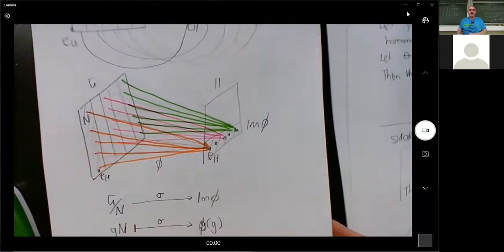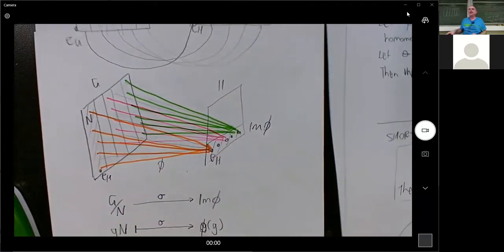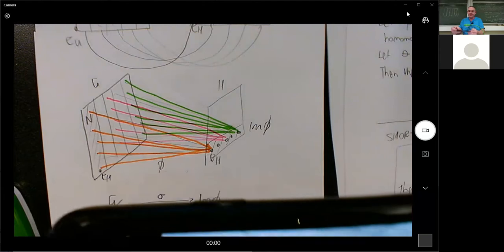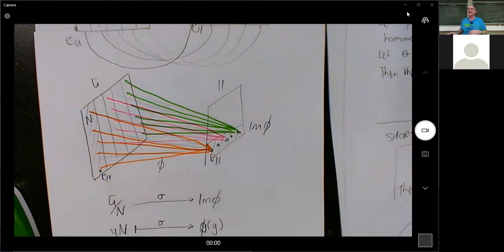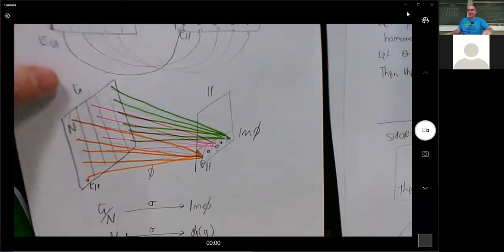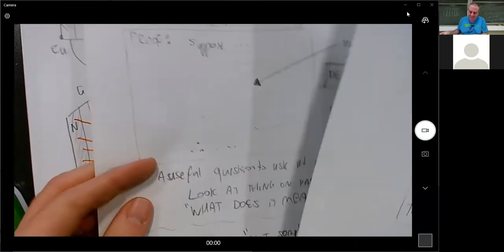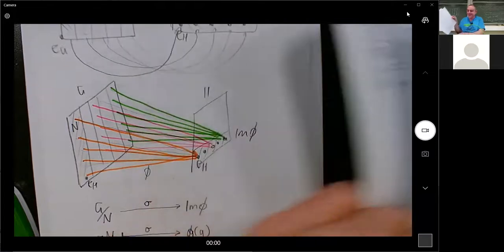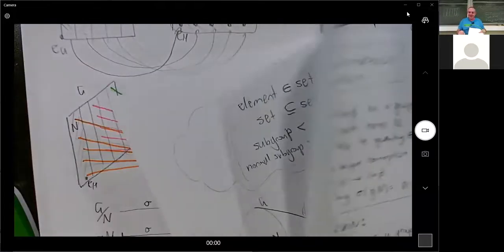I love this picture. I should take a photo of it and tweet it. That's exactly what I should do. I just love the sequence of pictures. I'm so happy. Okay.